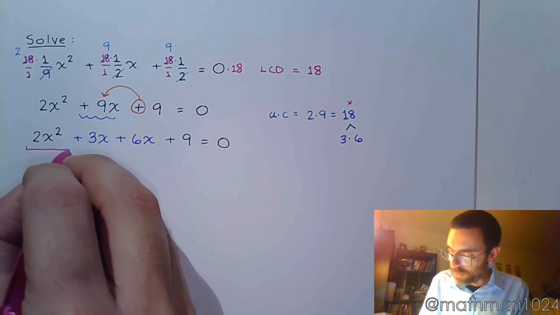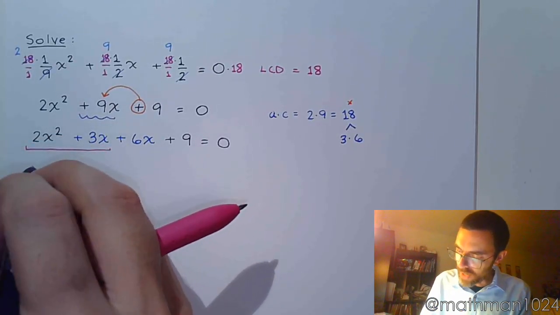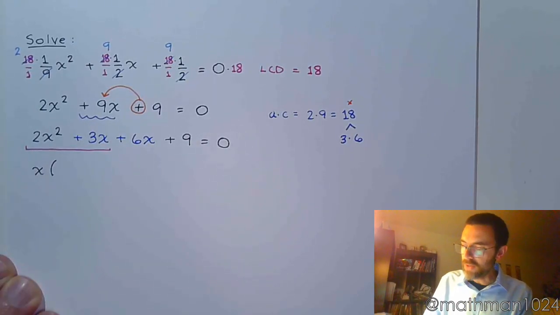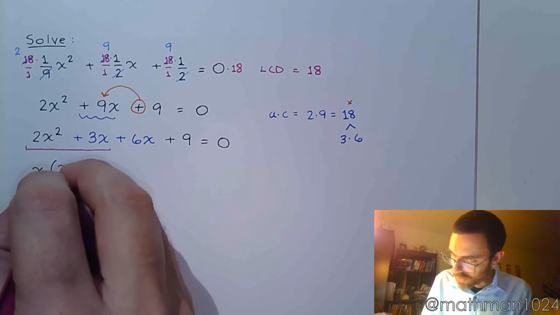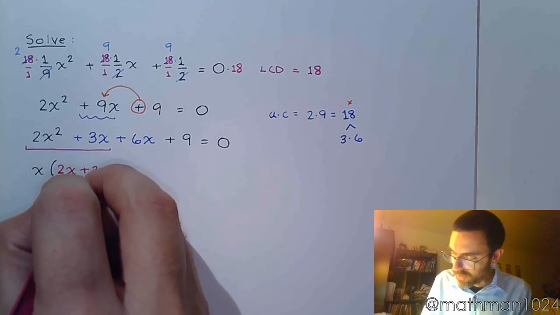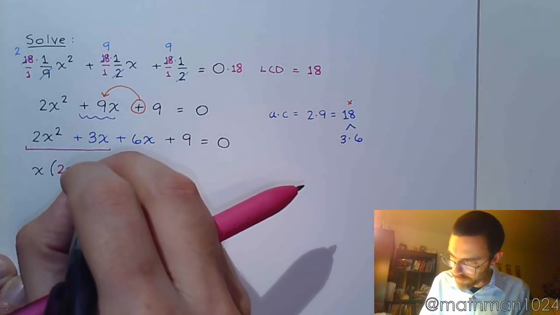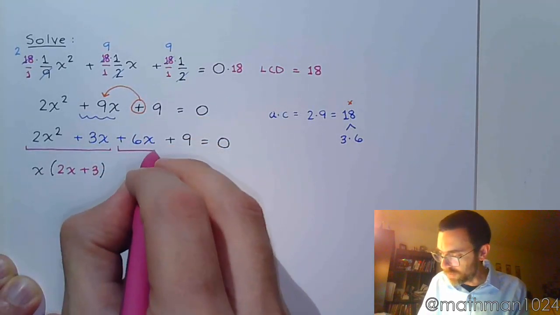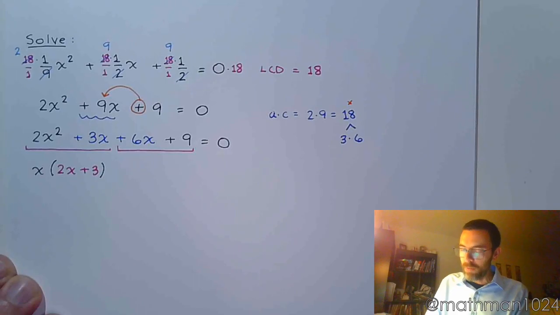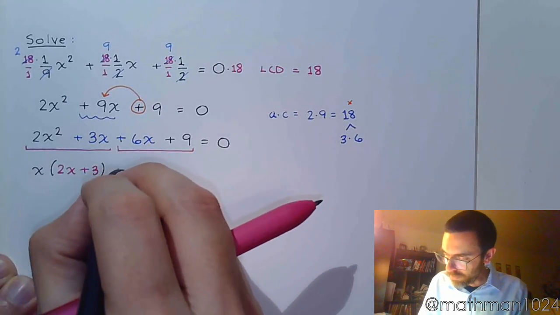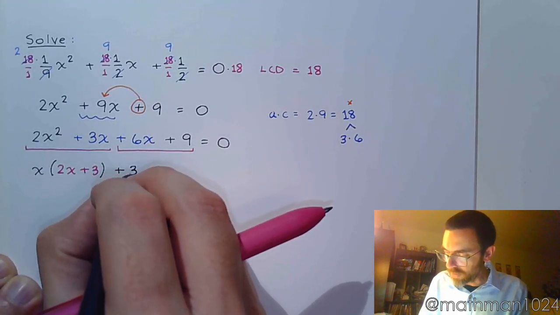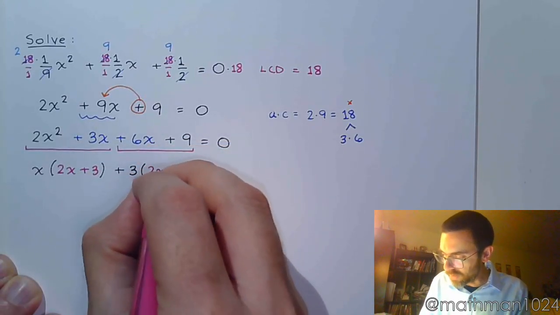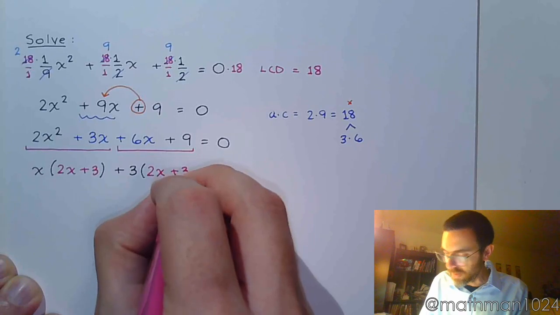So in the first group, I have a common factor of x. Factor that out, and I'm left with 2x plus 3. And then in my second group, my common factor is 3, so that's a plus 3, and factor out the 3, and I have 2x plus 3.